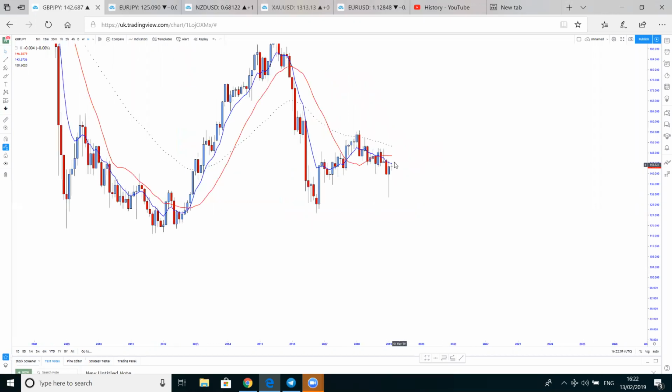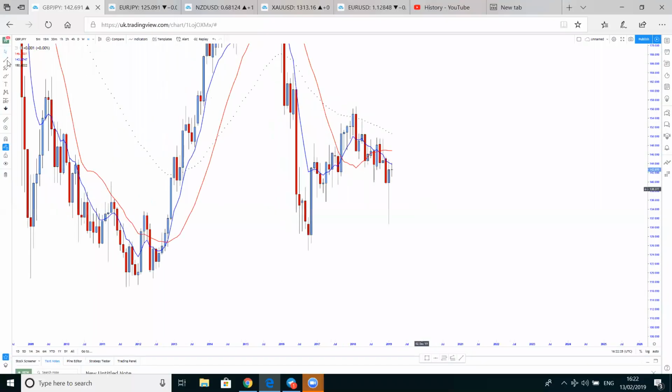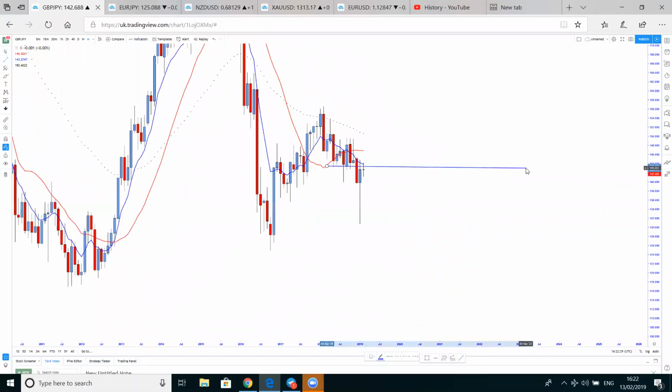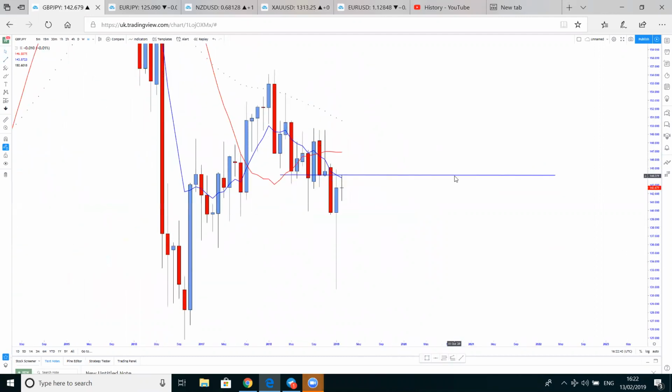So let's see where the price is heading next. 144.75 and 143.54.